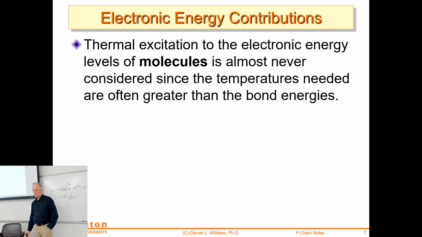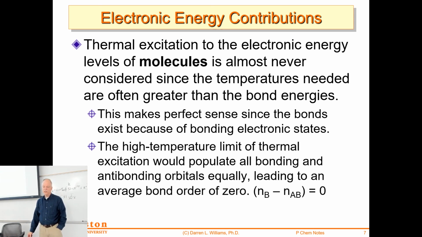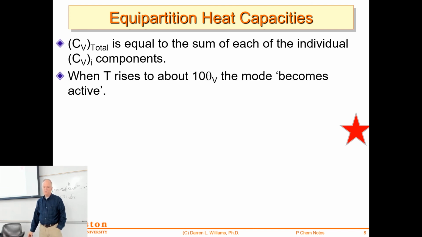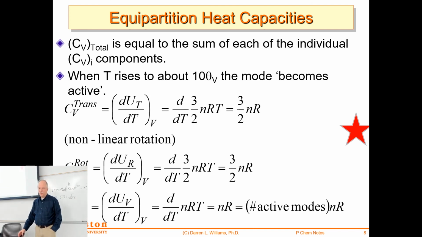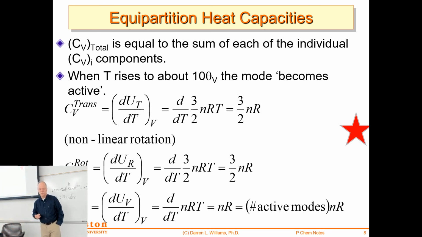Again, we don't have electronic components because we don't have electronic excitation. And so these heat capacities are given here. It's the derivative of the internal energy with respect to temperature, at constant volume, and so the derivative of 3/2 nRT with respect to T is 3/2 nR.